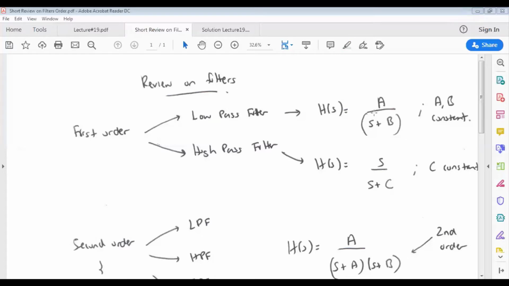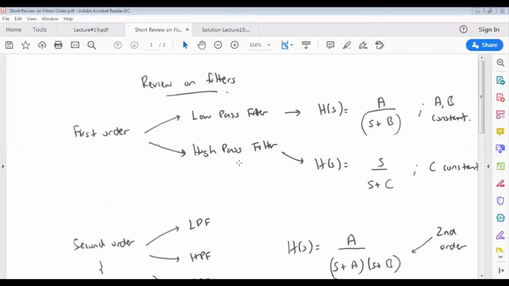These equations are the equations for the common transfer function. For instance, if we have a low pass filter, the transfer function will be H(s) equals A over S plus B, where A and B are both constants.